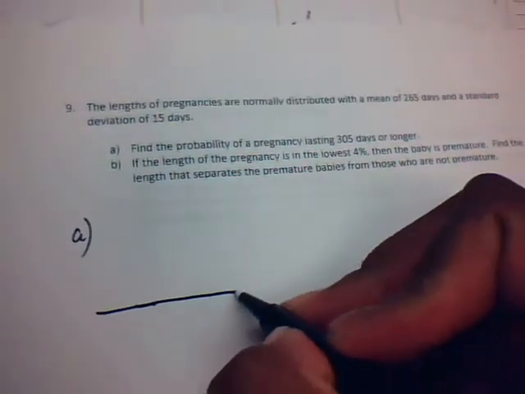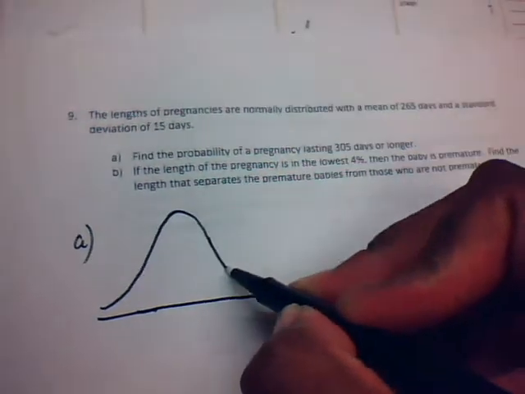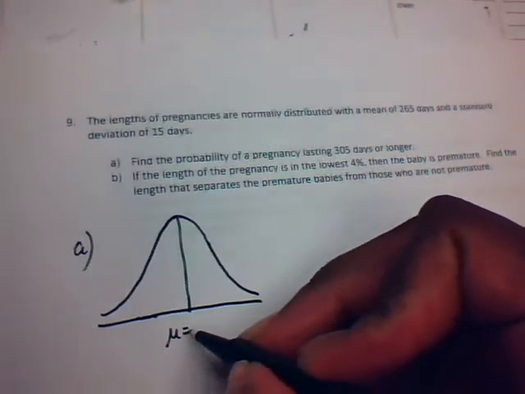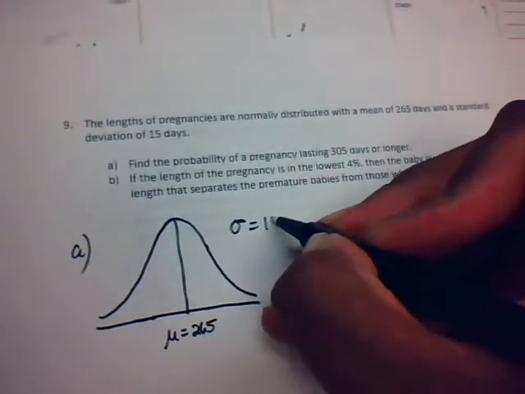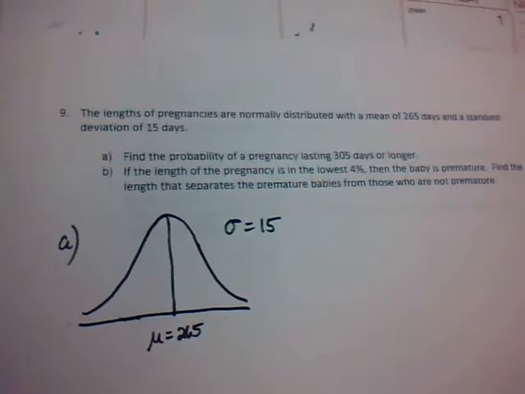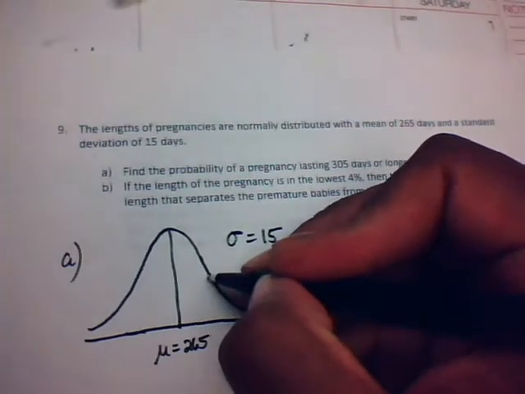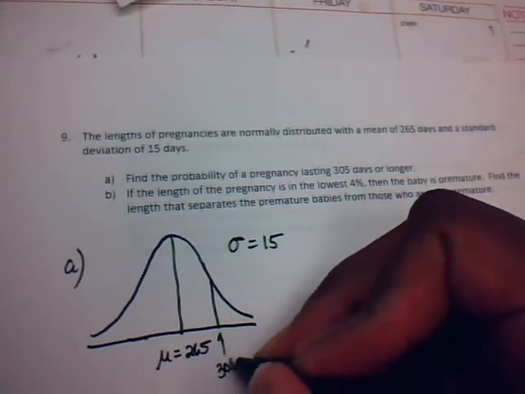We always start by sketching the normal curve. And here mu is 265, and sigma, that's your standard deviation, that's 15. So here we want to find the probability that the pregnancy lasts 305 days or longer. So let's mark off 305, which is right here.